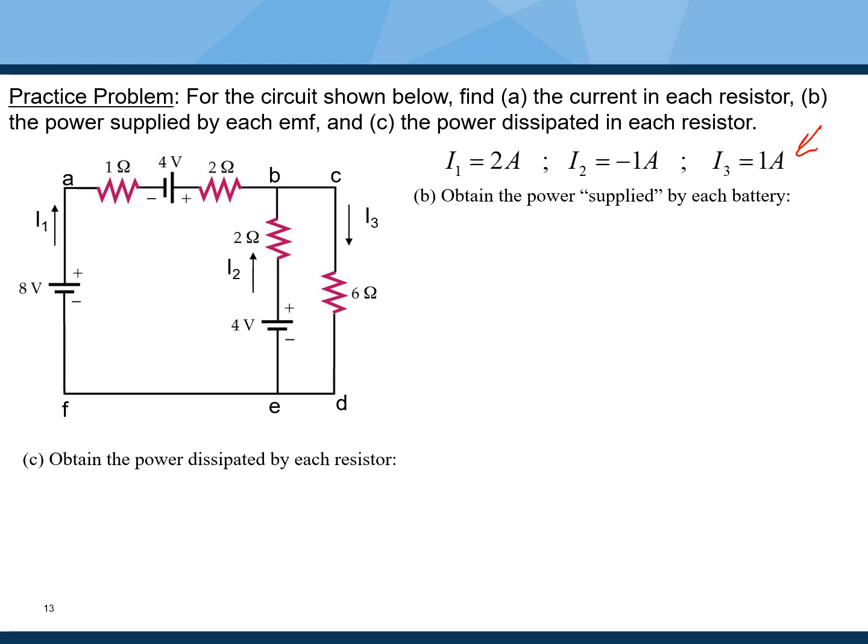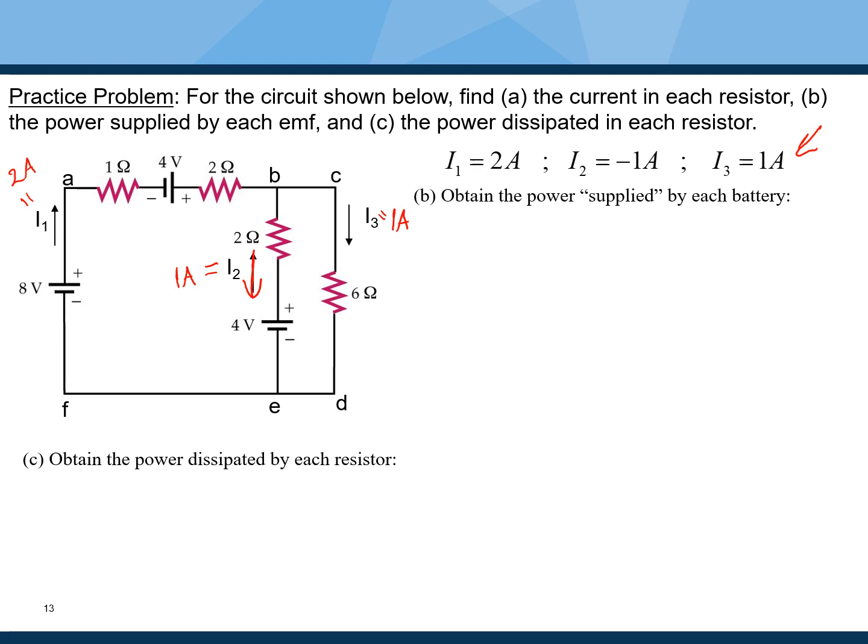I2 is in fact negative, so we can flip I2, make it go downwards, and say I2 now with the flipped direction is 1 ampere. I1 is equal to 2 amperes, so we'll write I1 is equal to 2 amperes out here, and I3 is equal to 1 ampere.